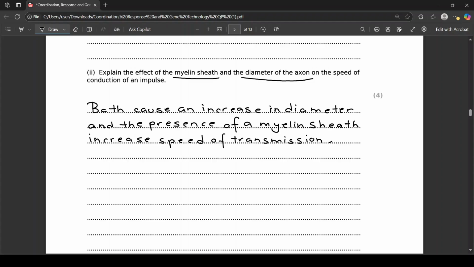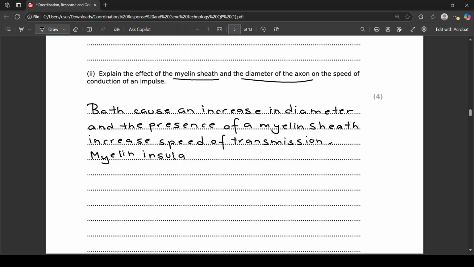All right. So for myelin, we write myelin insulates the axon because it is hydrophobic.